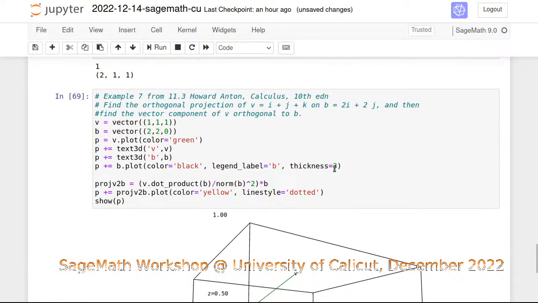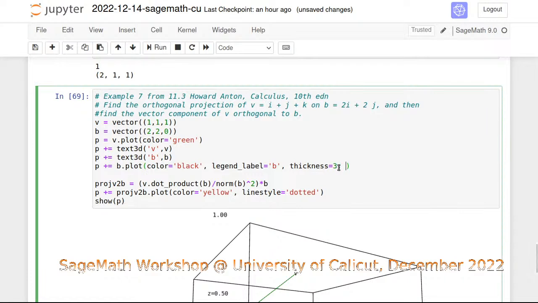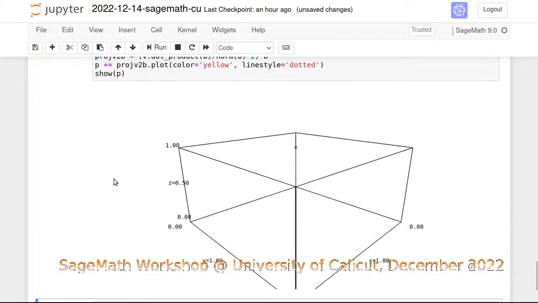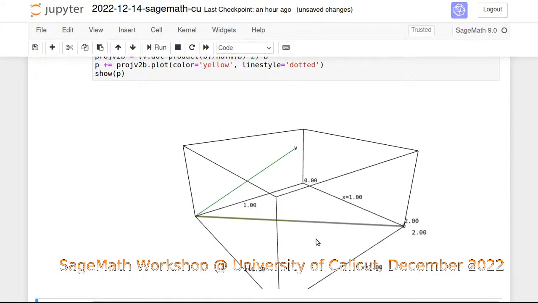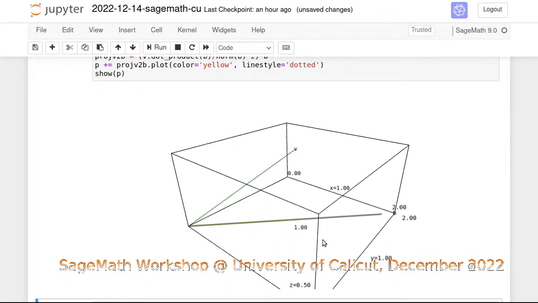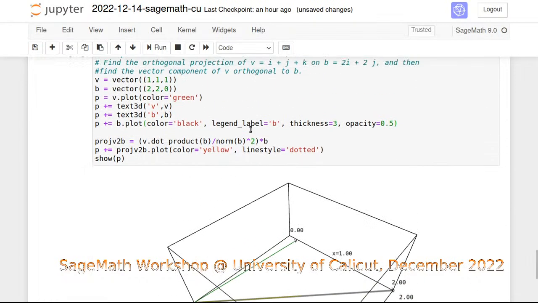Can we try to control the opacity here? Or we can probably make this thick instead of the second one, because it's already inside.